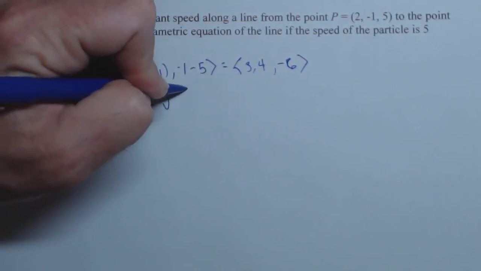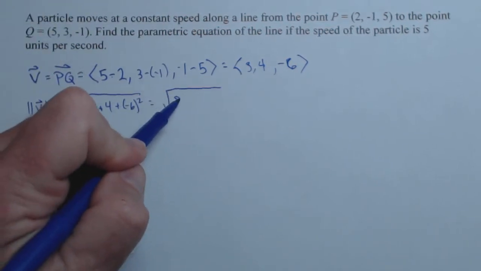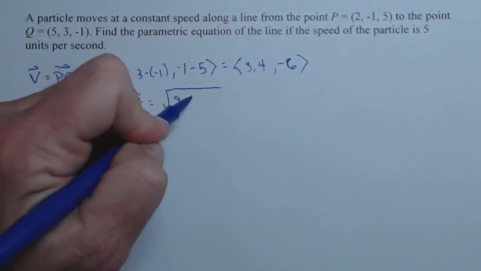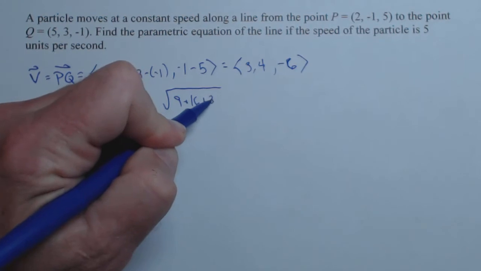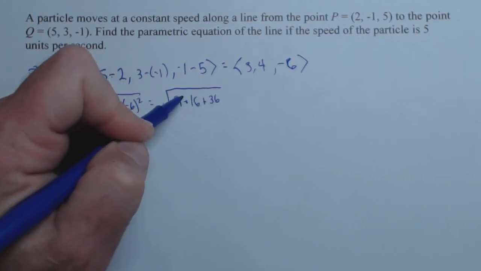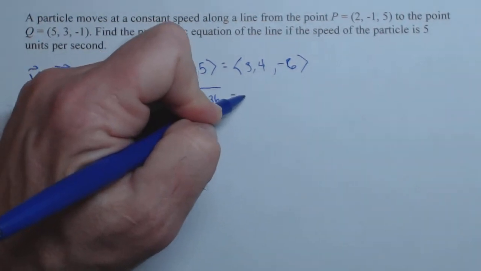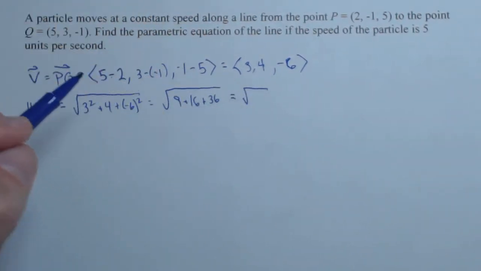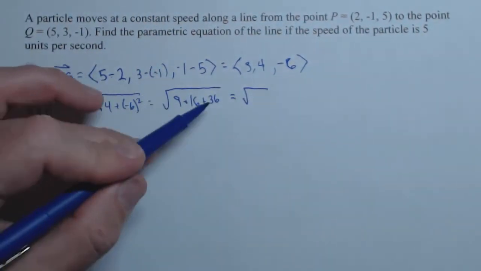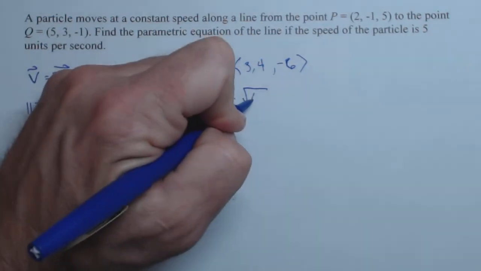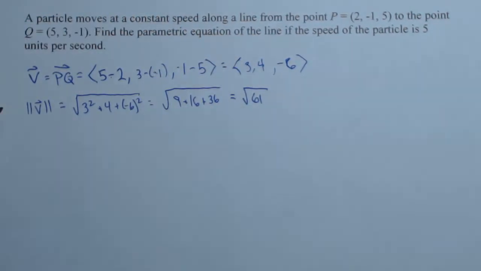So we are going to have the square root of 9 plus 16 plus 36, which, let's just keep it as a square root. We'll keep it nice and exact. We can always change it at the end. So square root of 61.